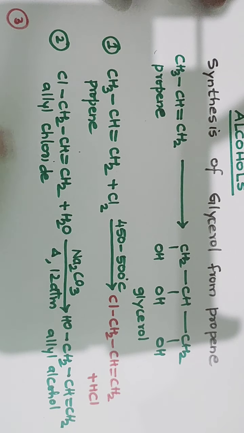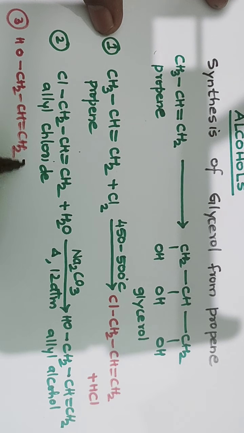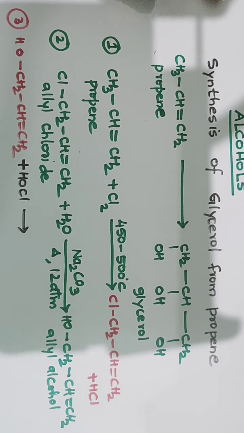Okay. So what is done is this allyl alcohol, OH CH2 CH double bond CH2, is treated with HOCl, that is hypochlorous acid. Okay.